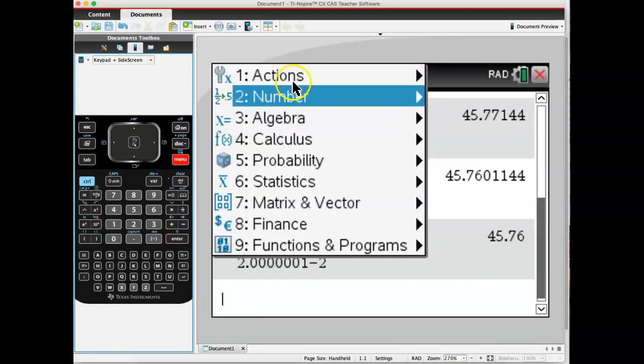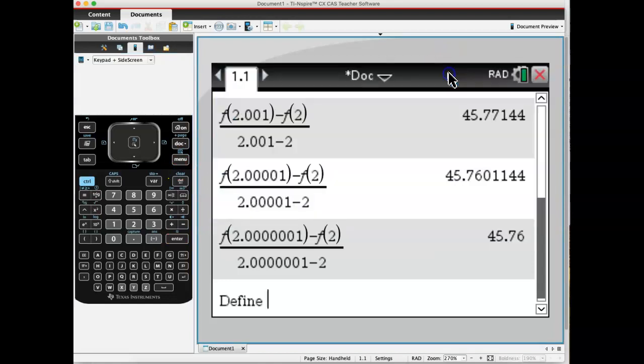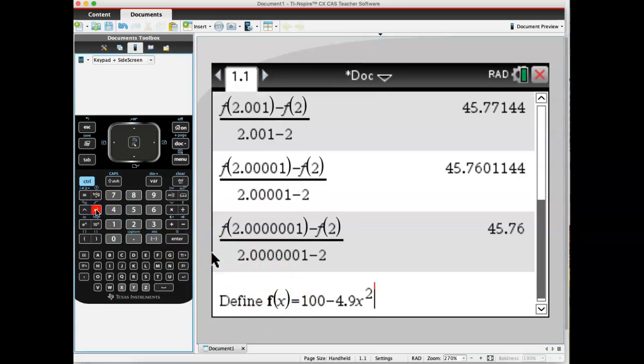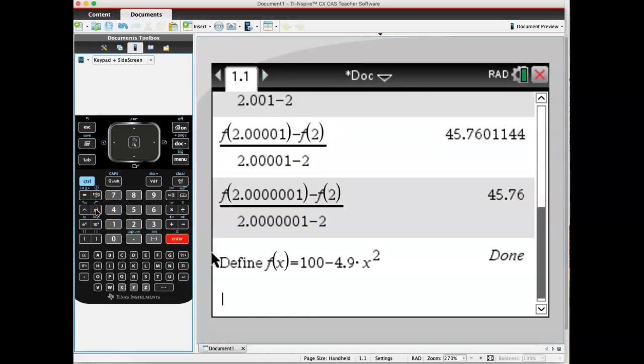I'm going to say menu, actions, define. I'm going to redefine this new function as f of x. I'm usually an f of x guy. And then I'm going to say it is 100 minus 4.9x squared. I got to call it x if I define it here in terms of x. My function's defined. Then what I'm going to do is I'm going to come up here.